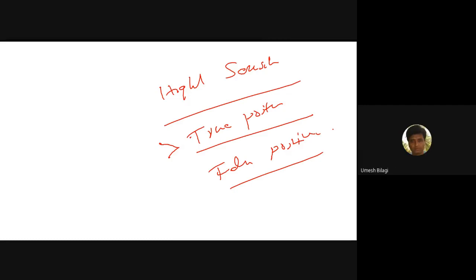So a high sensitivity test is the one which will pick up almost all true positives, and some dirty things, false positives, will also enter as positives. So it is a good screening test. That's what they are telling us.